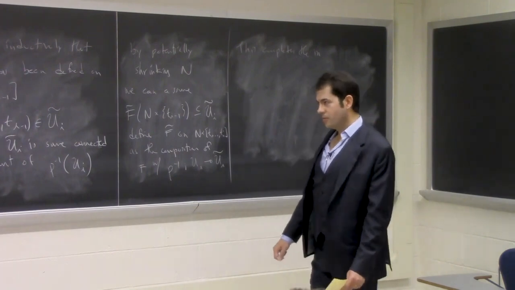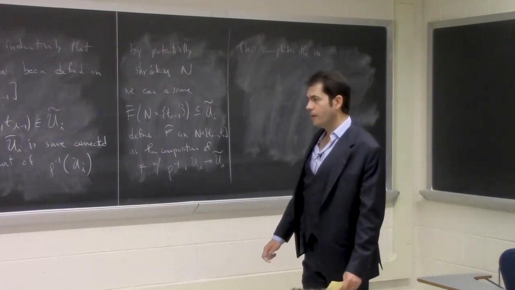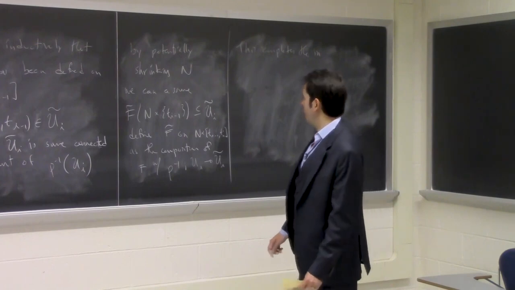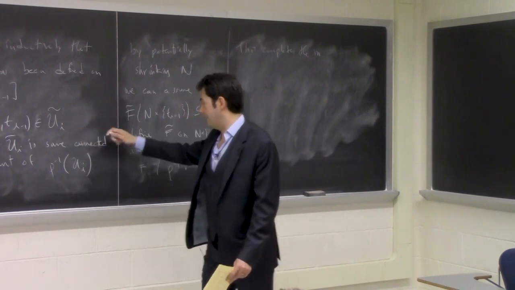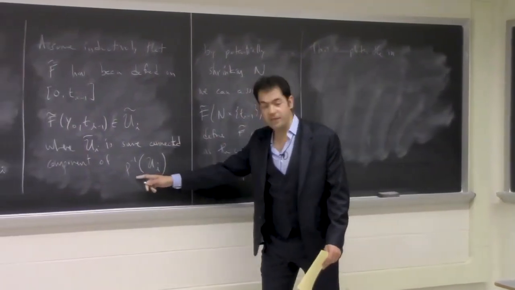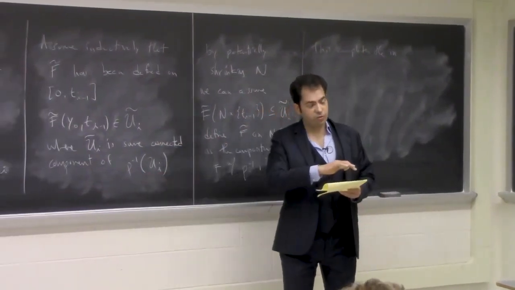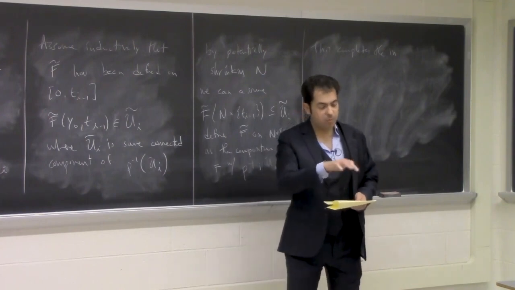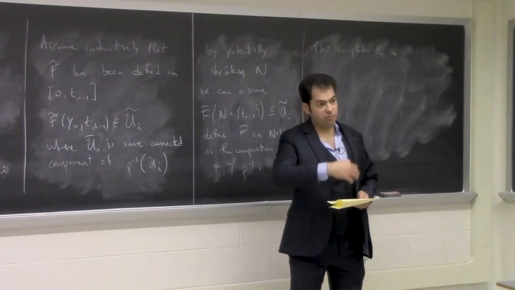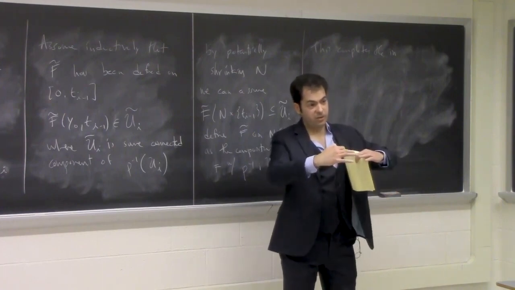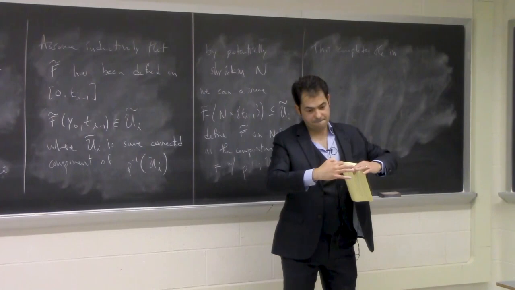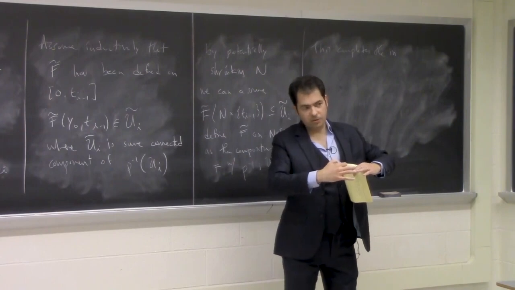Well, so let's see. Where am I making a choice? I have this cover, and on each one I have this p inverse, and once you're inside the open set, then you have p inverse, right? And so on overlapping sets, p is a local homeomorphism.